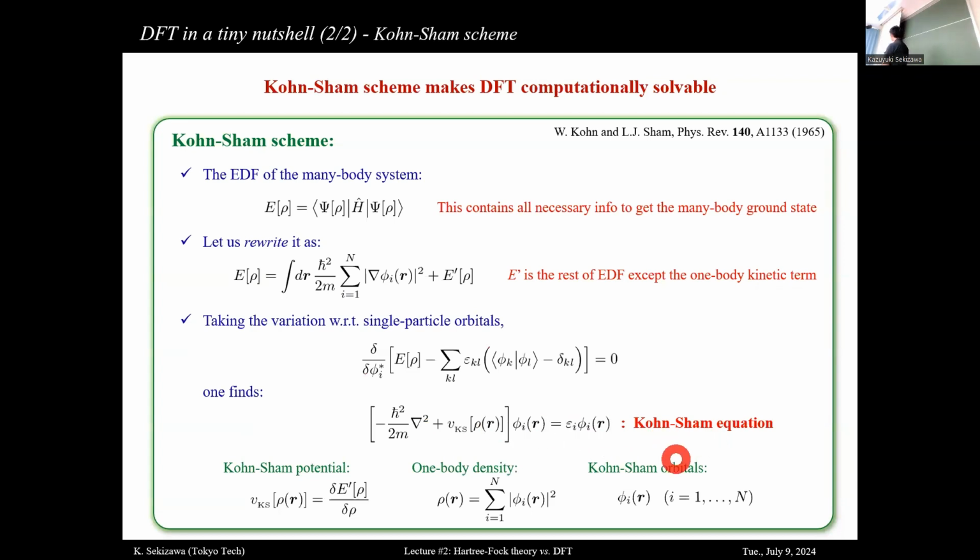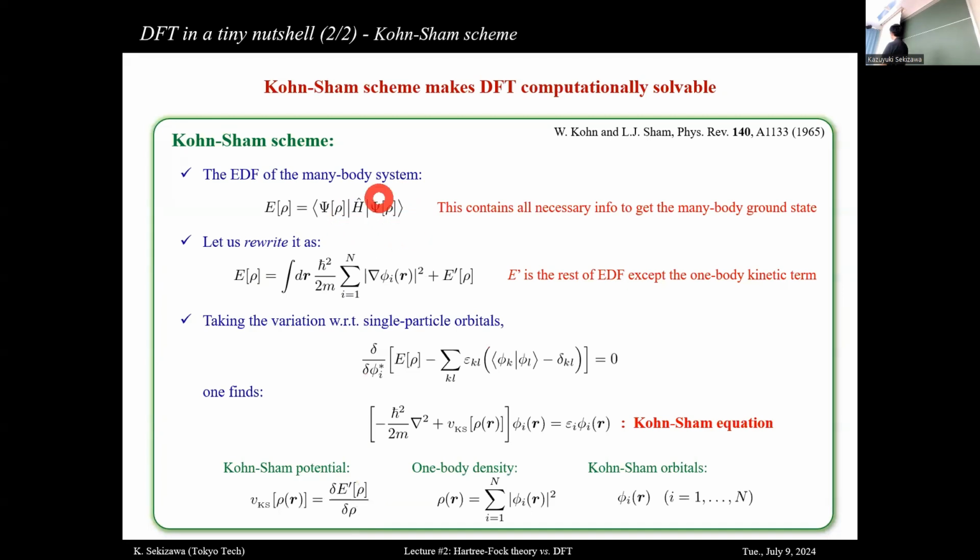So now you understand what this E prime is. This E prime contains all the information of the many-body system. So this EDF is given as a functional of the one-body density, which is in principle connected with this right-hand side.